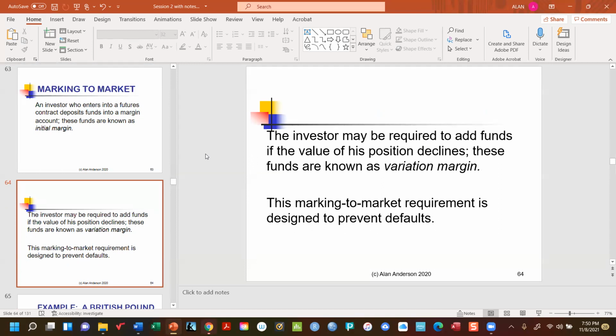So what they're effectively trying to do here is figure out the maximum amount you might realistically lose in a single trading day. And if you can't put up the margin that you're required to put into your account, then they'll just close out the account. And so potentially they're only exposed to a maximum loss of 1 day's worth of trading for each contract that trades on their exchange.